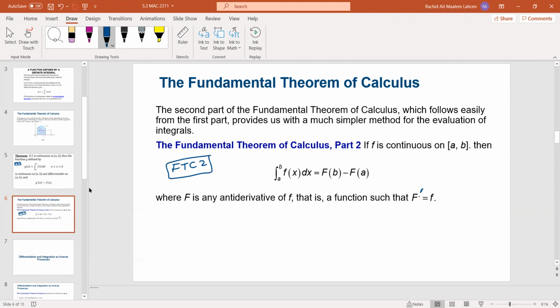Part two makes it easier to calculate. And of course here we're using a definite integral, so the constant C is not showing, but we'll see it when we get to indefinite integrals in a different section.